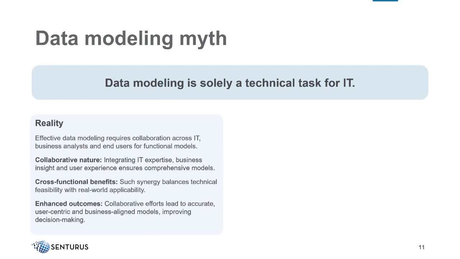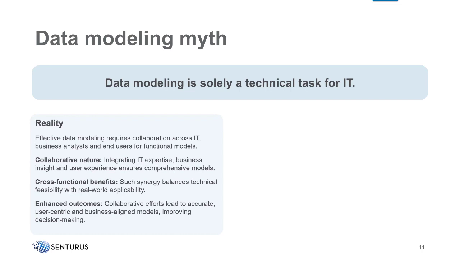But in reality now, in the new paradigm, it's basically a collaboration across IT, business analysts, and end users to produce a functional data model. It's more collaborative in nature, right? You still need IT for the infrastructure, but a lot of the cross-functional benefits will be obtained by getting that synergy between technical feasibility and real-world applicability, right?